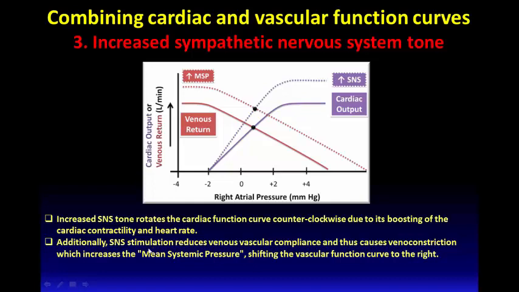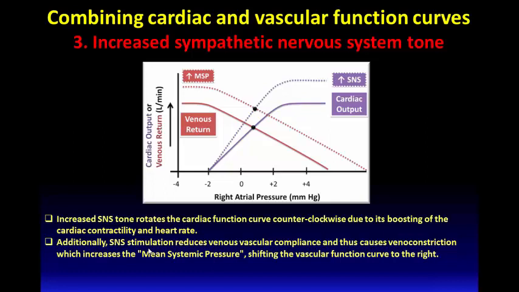Additionally, sympathetic nervous system stimulation reduces the venous capacity, and hence the mean circulatory pressure increases, because with the decreased venous capacity, the unstressed volume decreases and the stressed volume increases.